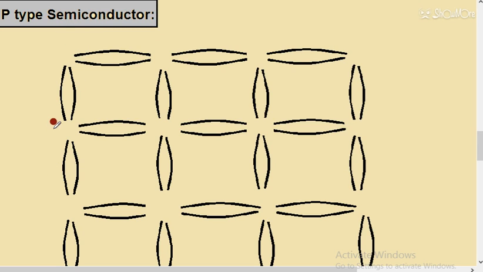Here you can see this is, suppose, a silicon atom, this is again a silicon atom. Now I am discussing p-type semiconductor, so I have to dope boron, aluminium or gallium here.